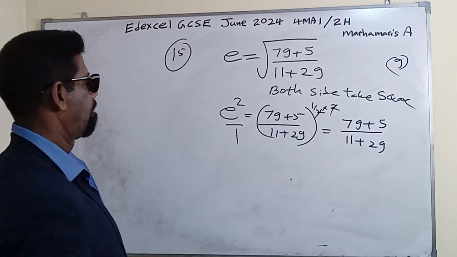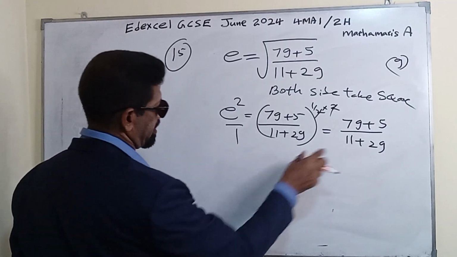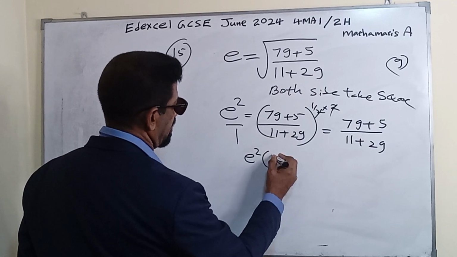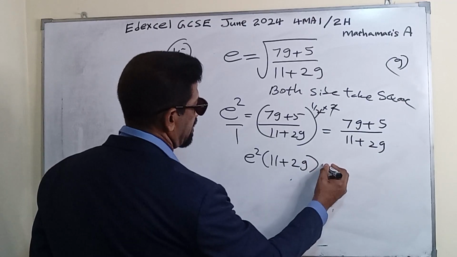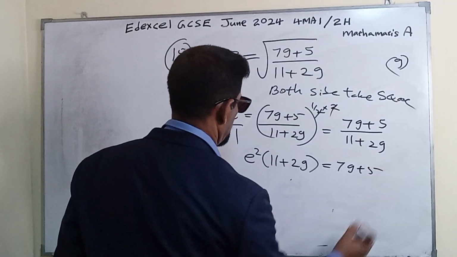Right, so that comes to 7g plus 5 over 11 plus 2g. Now cross multiply: that denominator, E to the power of 2 times 11 plus 2g equals 7g plus 5.